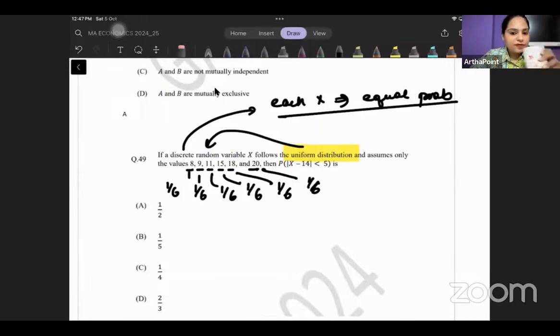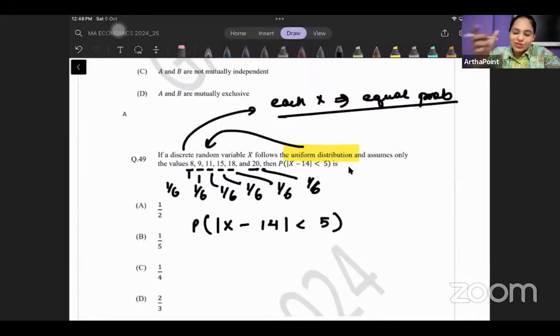Open the absolute value. Think. Probability x minus 14 less than 5. इसको open करते हैं. What will we get?